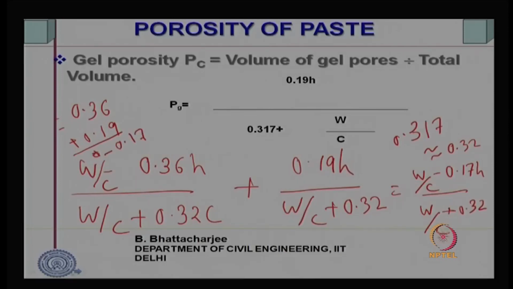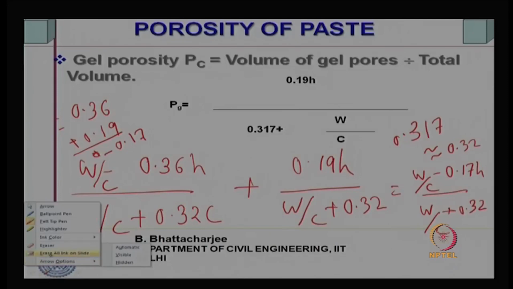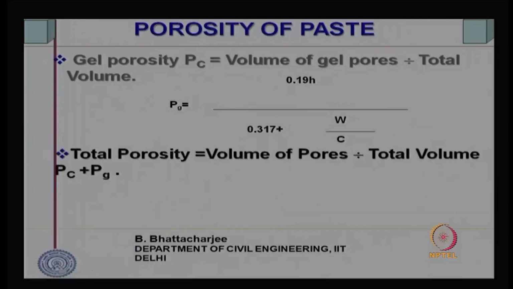So, this follows, therefore, summing up these two will give me total porosity as W by C minus 0.17 H divided by this. So, this is how I can determine the total porosity of cement paste.